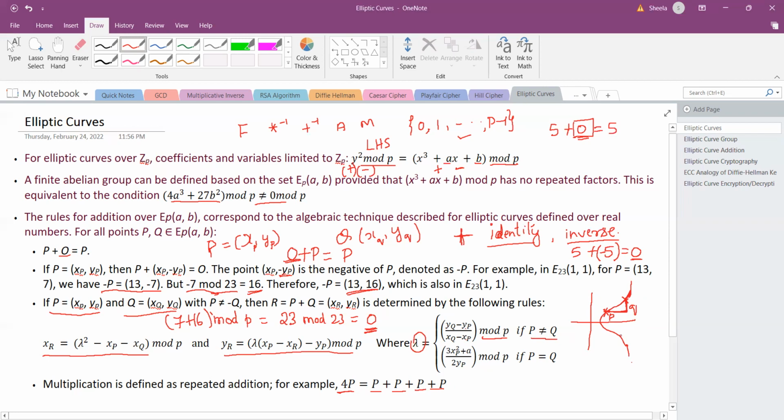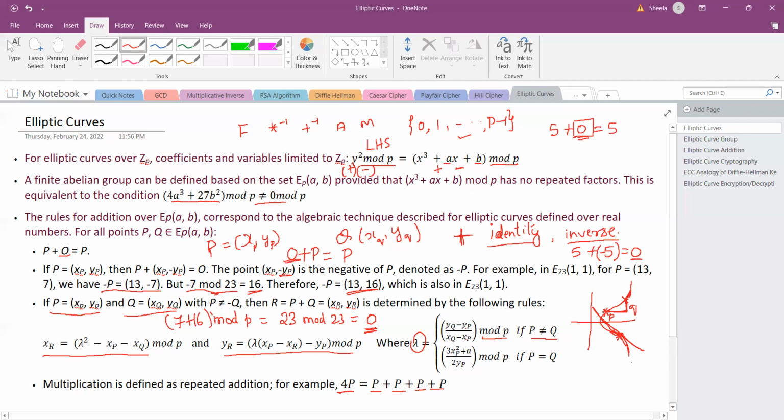Suppose I consider a single point and I want to add that point with itself, then I cannot get a slope. In that case, I'll draw a tangent and test where that particular tangent touches the curve. A tangent will touch only one point on the curve, it will pass through only one point, it will not touch 2 points.